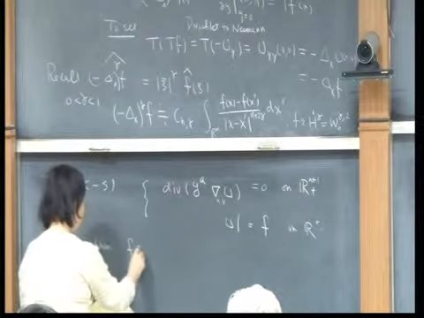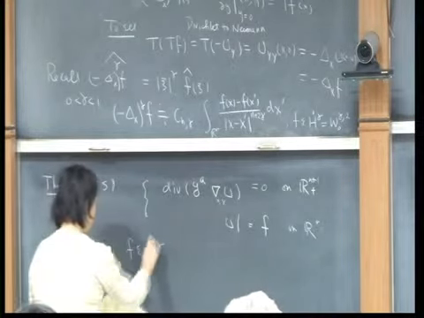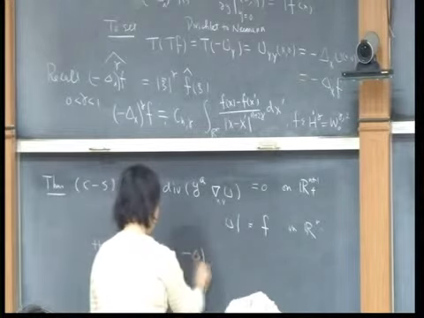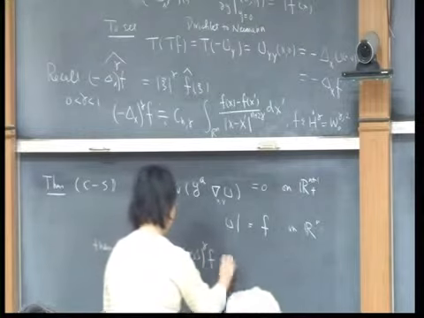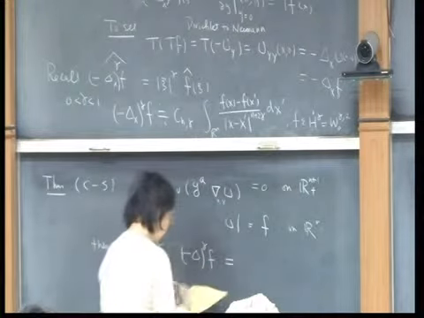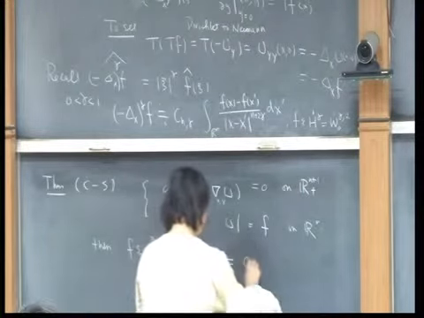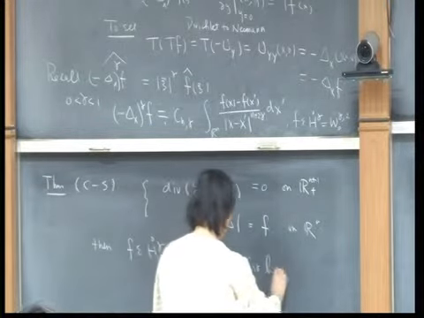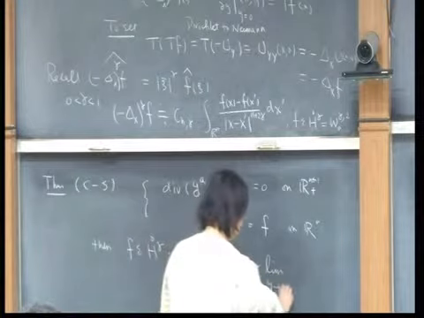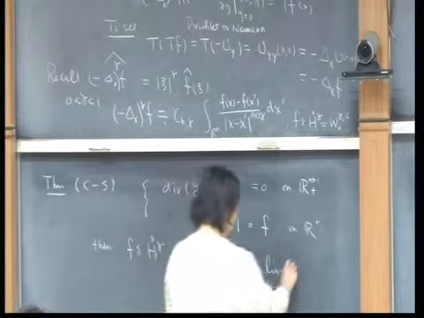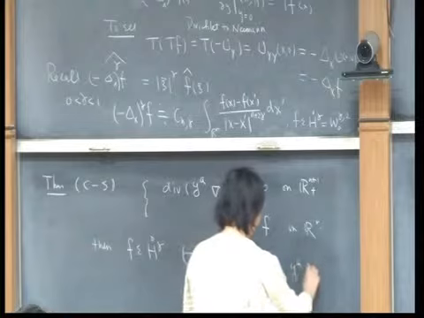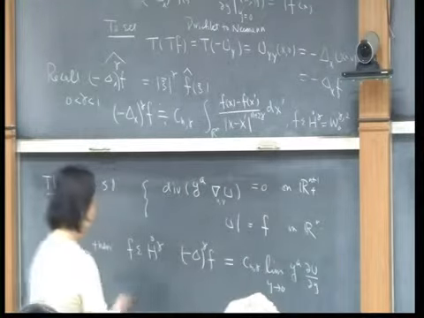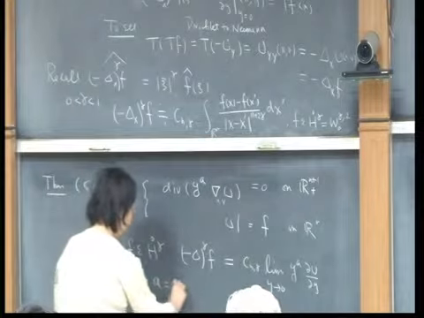if f is a function in H^gamma norm, then minus Laplace to the gamma power of f is equal to some constant. I haven't been very careful about the constant. The limit as y tends to 0 of y to the a du/dy, where a is equal to 1 minus 2 gamma.